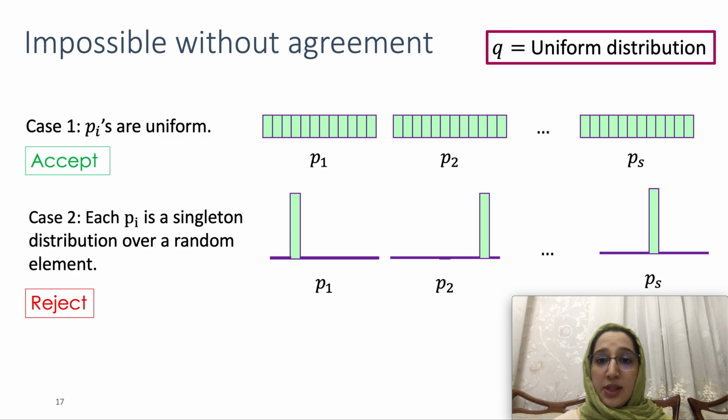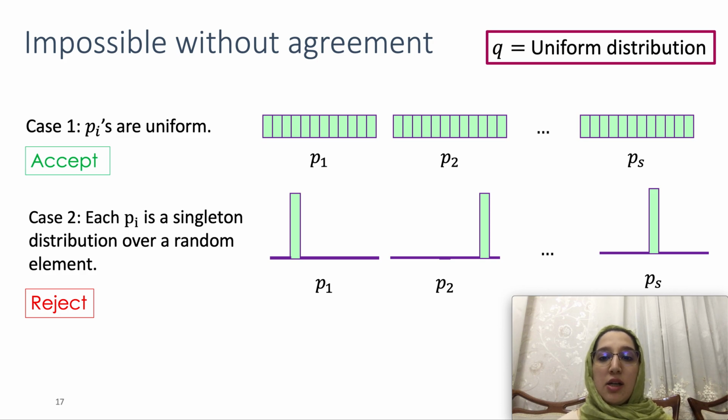Clearly, in the first case, because all the Pi's are equal to the uniform distribution, equal to Q, the first case should be accepted. On the other hand, in the second case, all the Pi's are very far from being uniform, so the second case should be rejected. So any testing algorithm should distinguish these two cases.